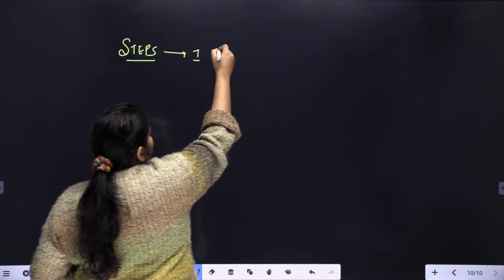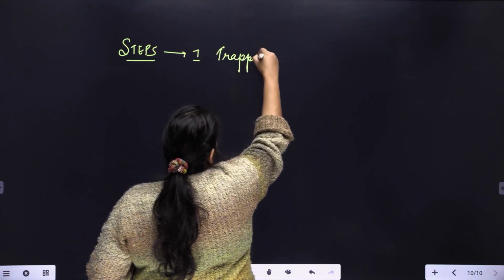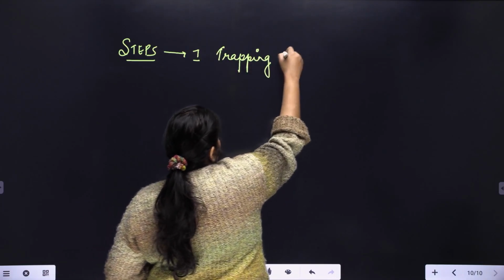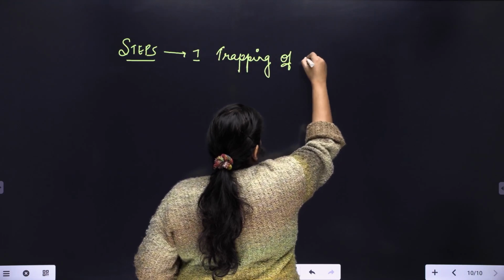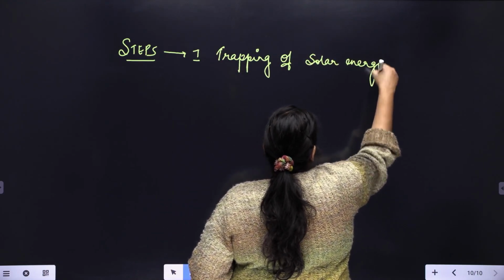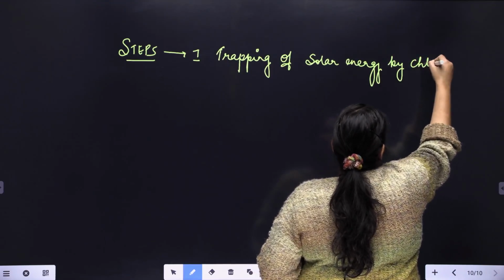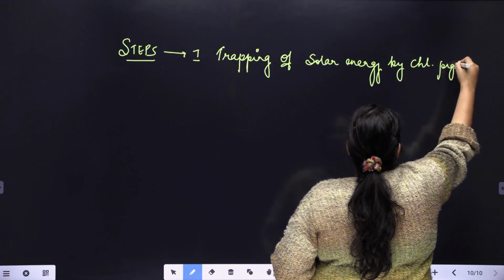The first one is trapping of solar energy by chlorophyll pigment.